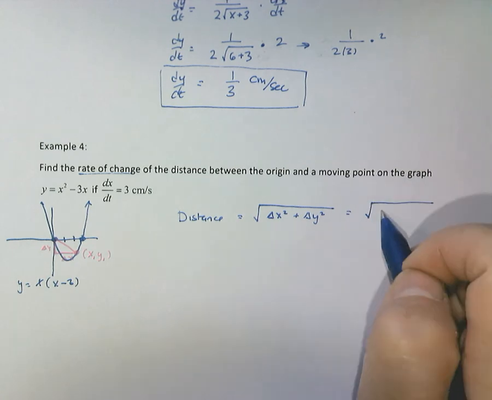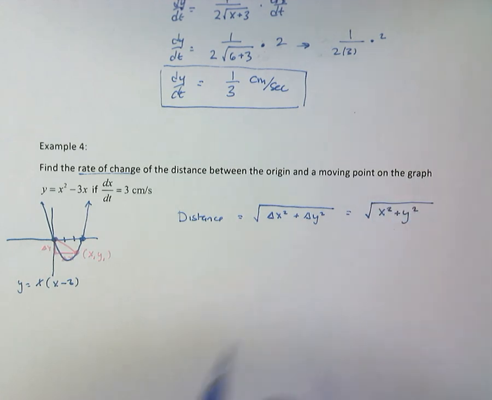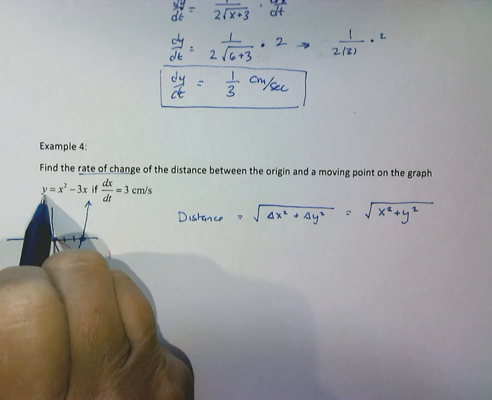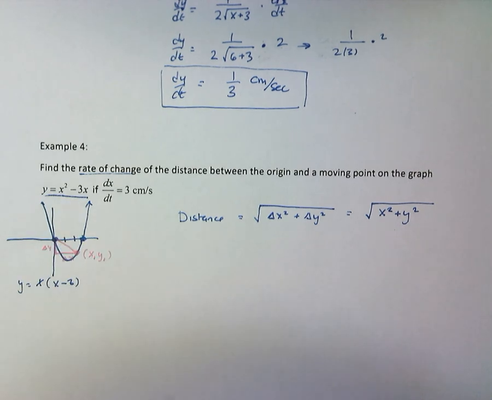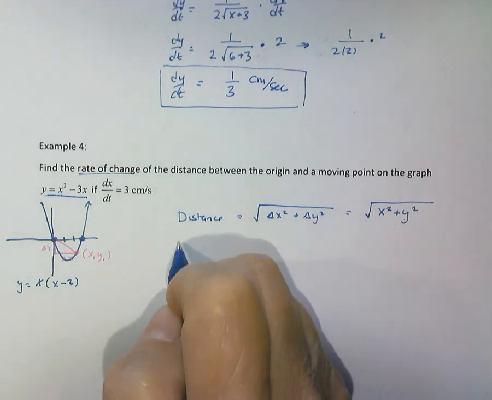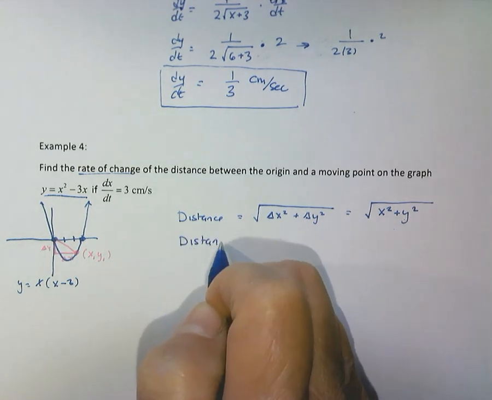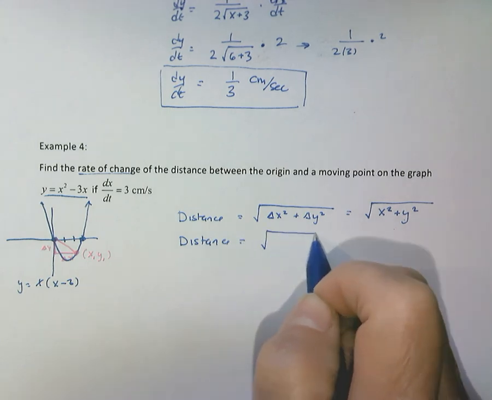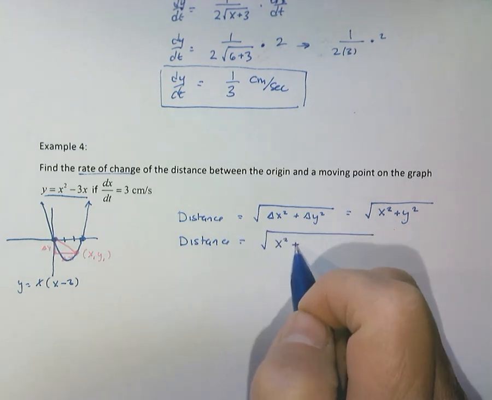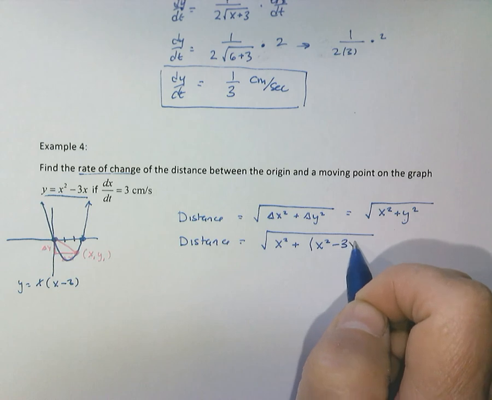So I'm just going to change it to x squared plus y squared. They gave me the formula for y with respect to x. So I know y is a function of x, so I can change this y to this x squared minus 3x.